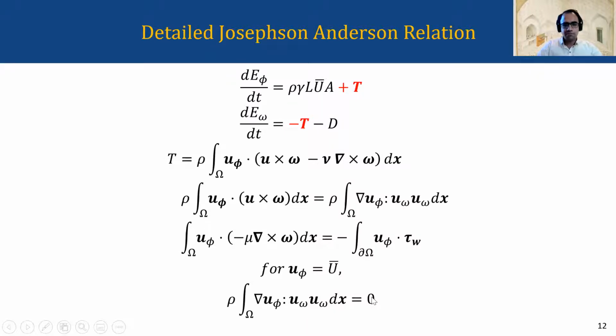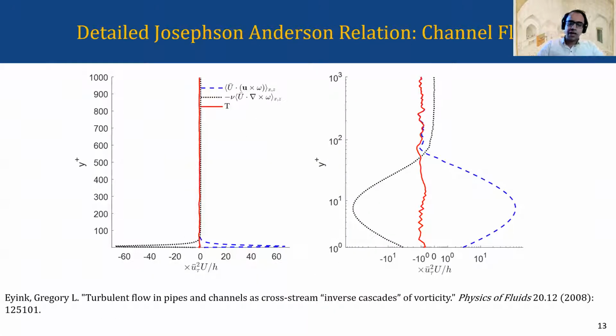And now we can look at the variation of the two terms averaged in wall parallel planes as a function of the distance from the wall. So we are looking at smooth channel flow at r eta of 1000, and we see that you have the nonlinear term acting against the drag.